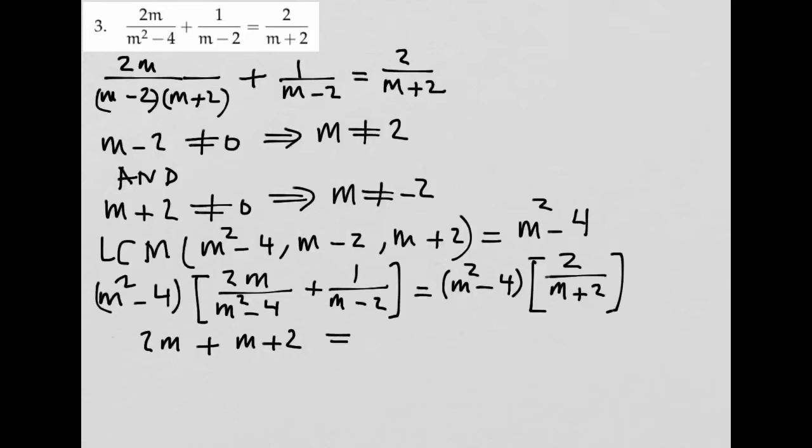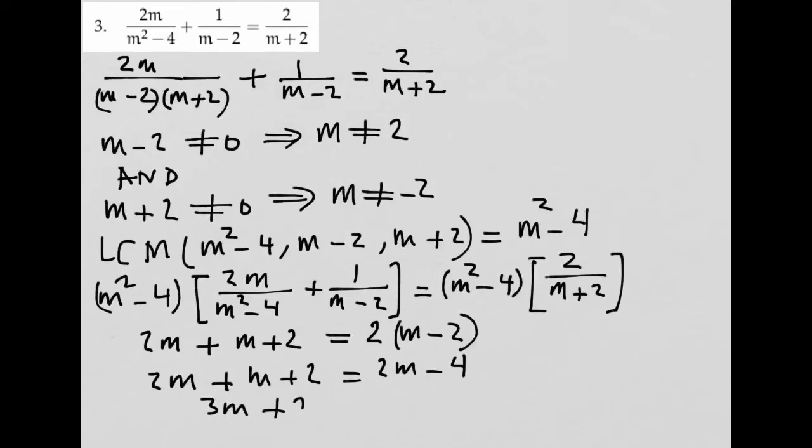On the right-hand side, m squared minus 4 times 2 over m plus 2, well, that's 2 times m minus 2. We have 2m plus m plus 2 is equal to 2m minus 4. 3m plus 2 is equal to 2m minus 4, which tells us that m equals minus 6.